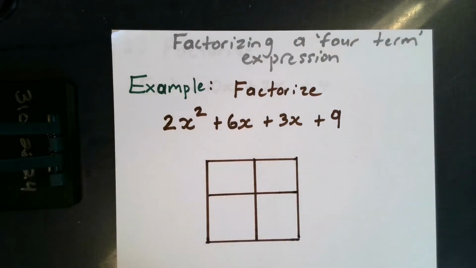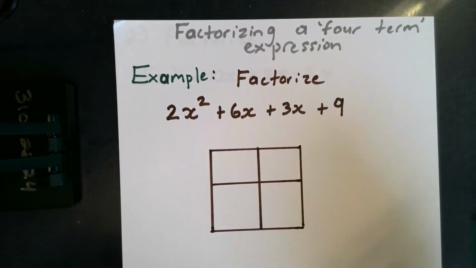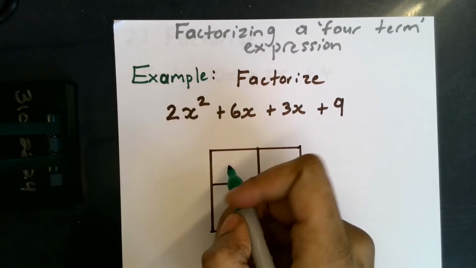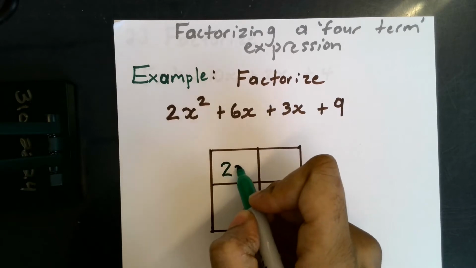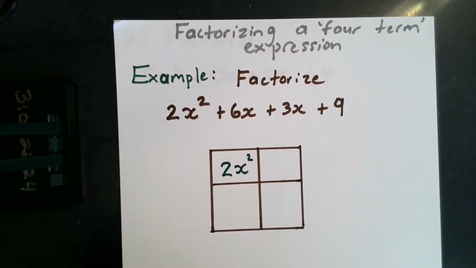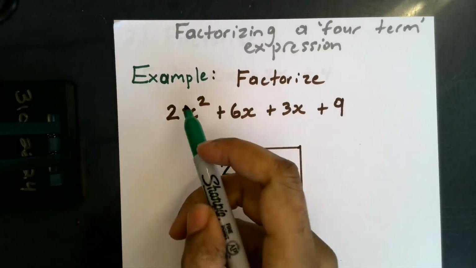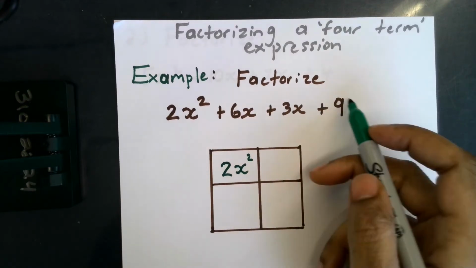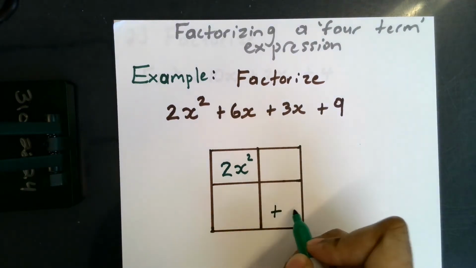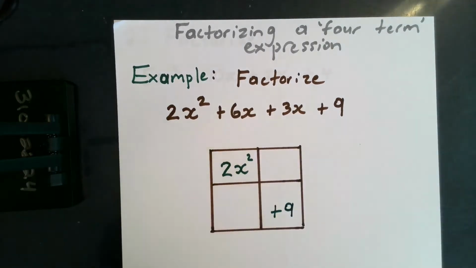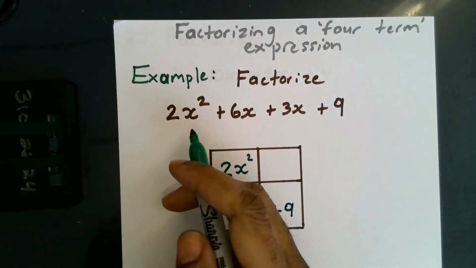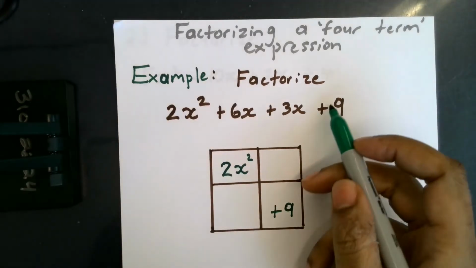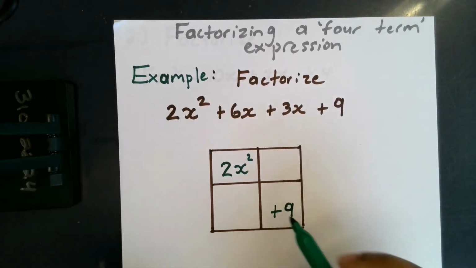Alright, so for this method we take the first term. We always take the first term and write it in the first box. So the first term goes in the first box. The final term goes in the last box.